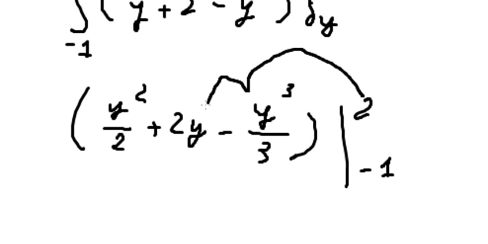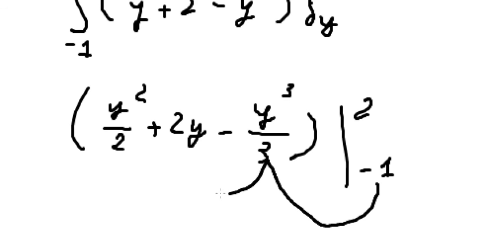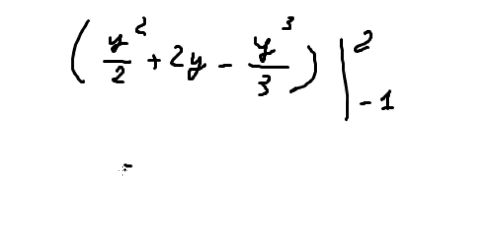So we put number 2 going here. Negative number 1 going here. We calculate this one.